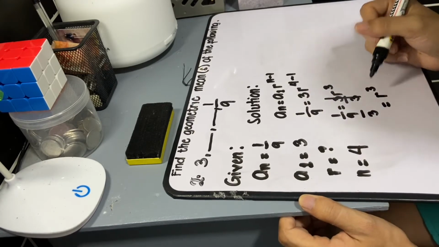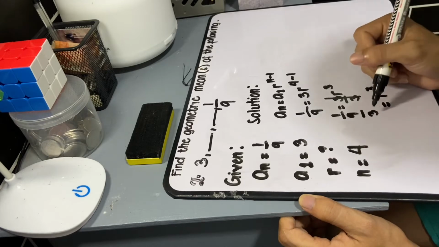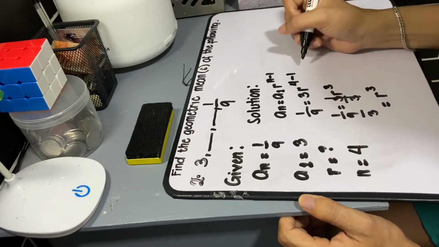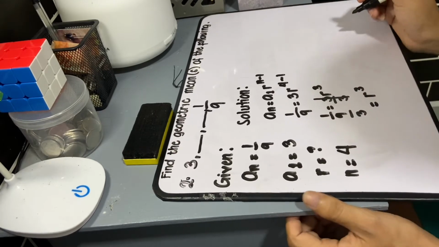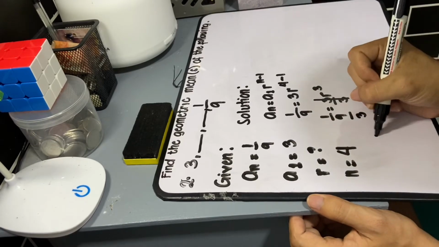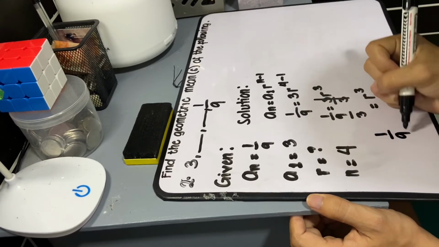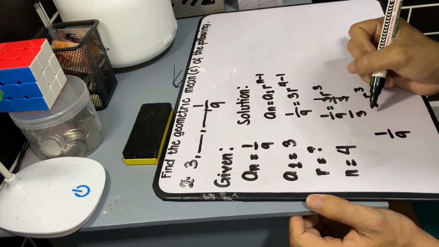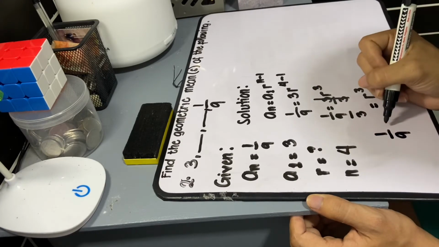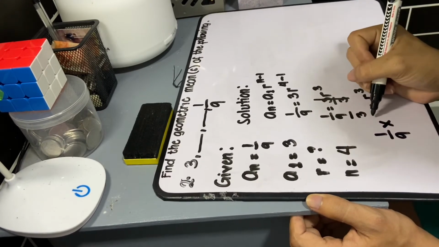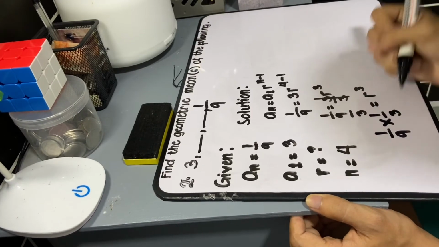So this time, we are going to get the reciprocal of 3. And so first, we are going to write 1 over 9. Since we are getting the reciprocal of 3, the operation will become multiplication, and we have 1 over 3.